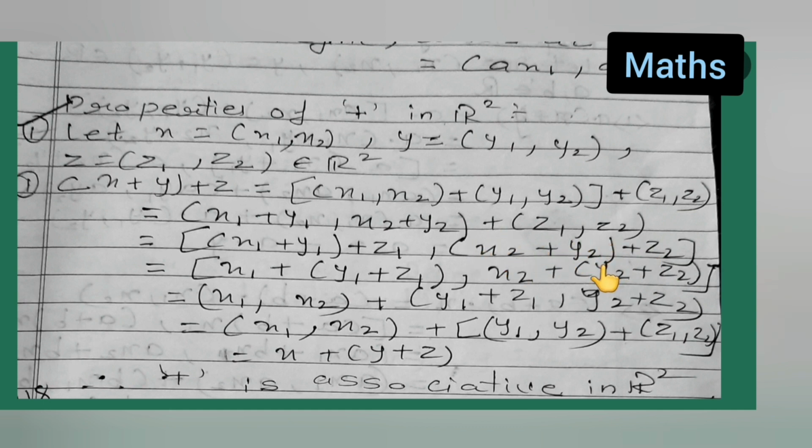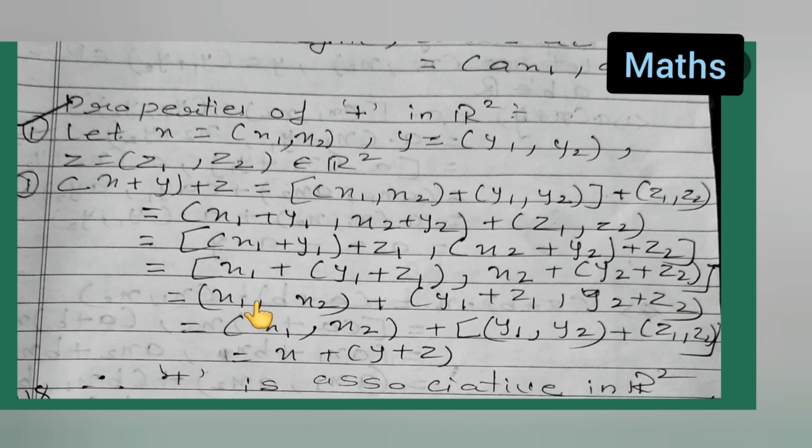This x2 plus y2 will be in bracket and then plus z2. Now what you have to do is x1 plus, now put this in bracket, y1 plus z1, comma x2, keep it out, plus then y2 plus z2, then put a bracket over here.